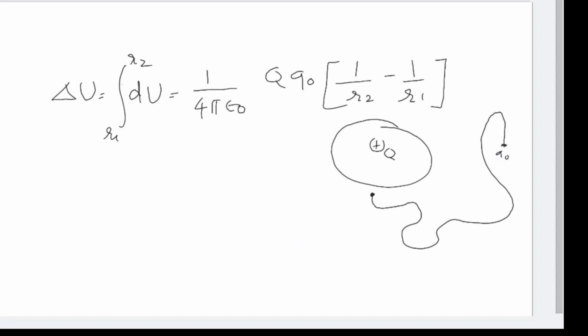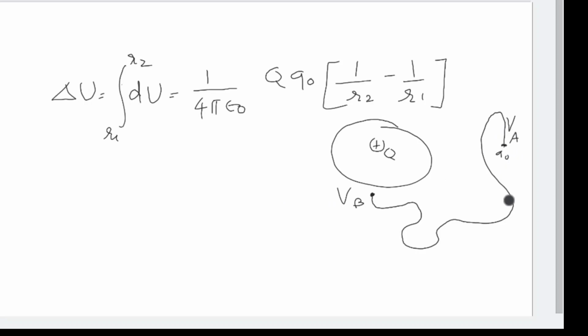Whatever potential it has at this place, suppose A, it has some potential VA, and at this point B it has some potential VB. So what is the change in potential?